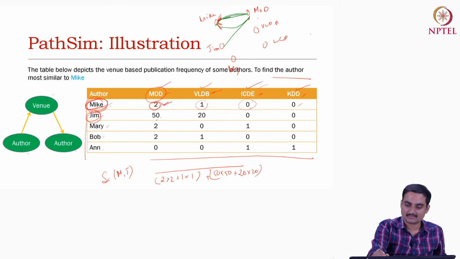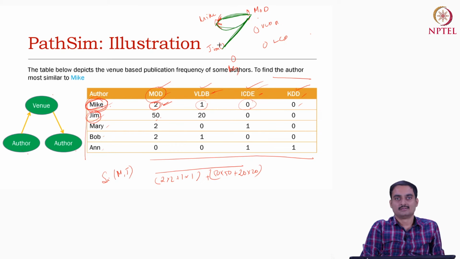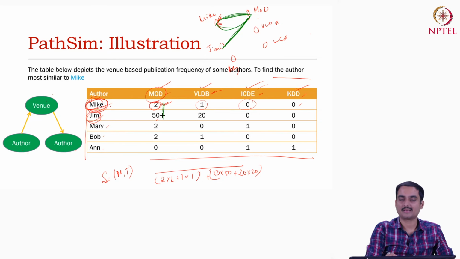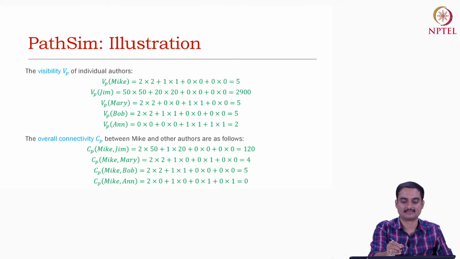You follow this path and come here, and another path, you follow this and come here. So 2 times 1. In our case, it is 2 times 50 plus 1 times 20, plus 0, plus 0. This is the similarity between Mike and Jim.